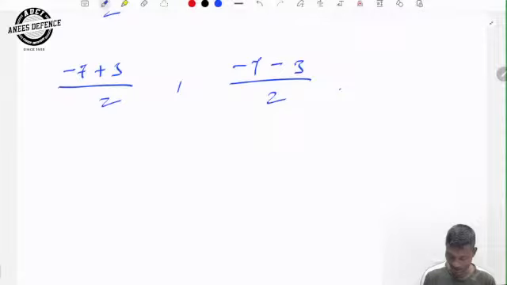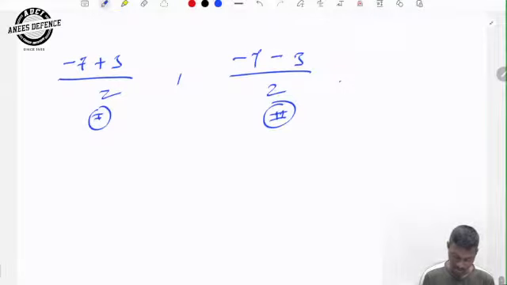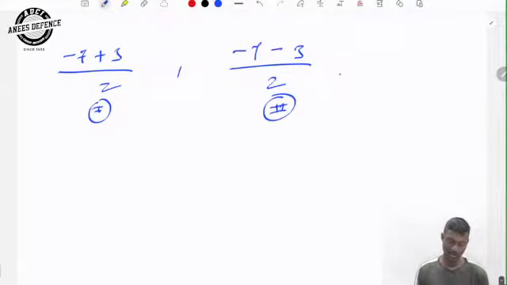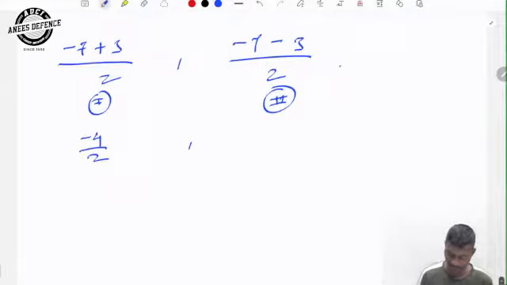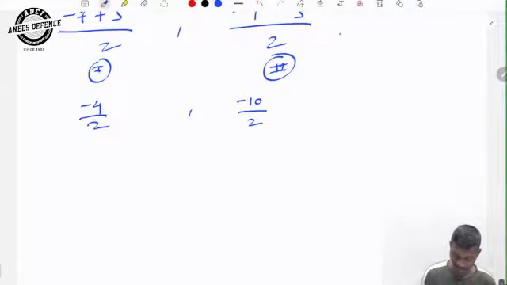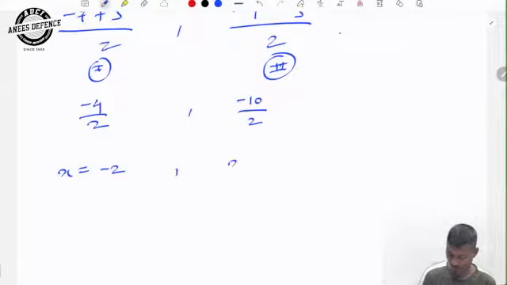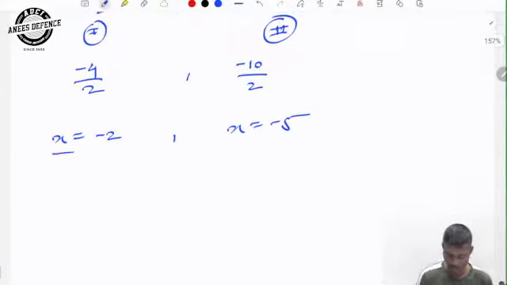By solving, minus 7 plus 3 is equal to minus 4 divided by 2, and minus 7 minus 3 is minus 10 divided by 2. Then from here we will get x is equal to minus 2 and x is equal to minus 5. So these are the two roots of the quadratic equation.